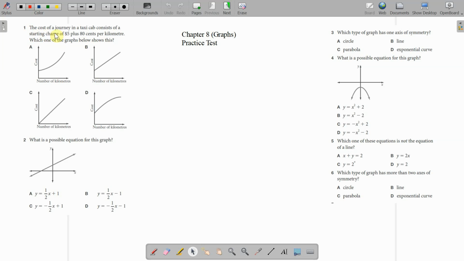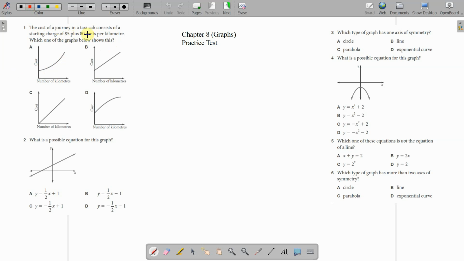Question 1. The cost of a journey in a taxi cab consists of a starting charge of $5 plus 80 cents per kilometre. Now, as you probably know from COVID, when a graph looks like this, that means the numbers are increasing.